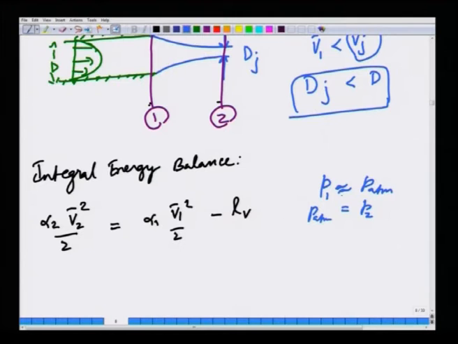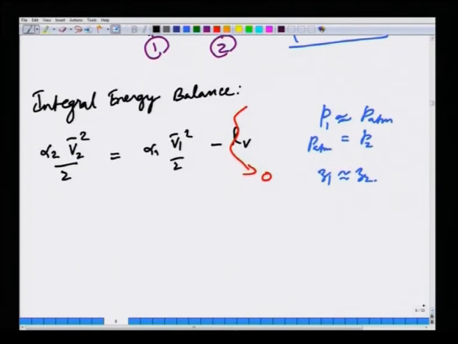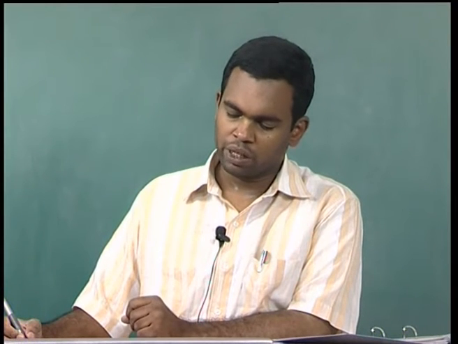So since P1 is P2, there is no pressure term, and also the elevation Z1 is approximately Z2, so there is no gravity term in the energy balance. Now about losses, we can safely neglect them, because the losses in a free jet are negligible, because the surrounding air is not going to exert any viscous stresses, so the viscous losses are comparatively smaller.